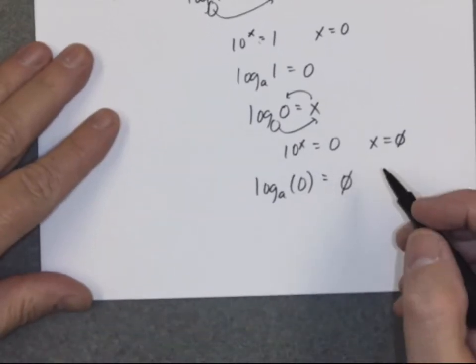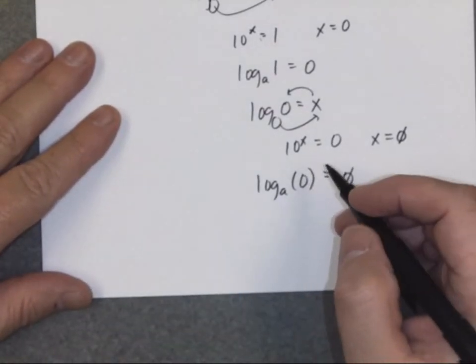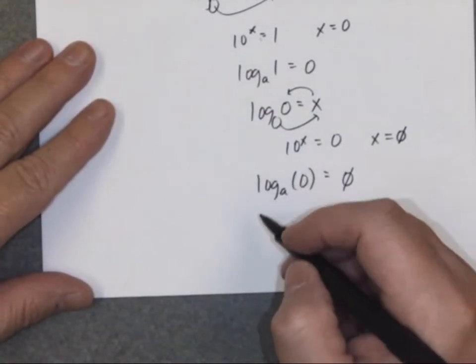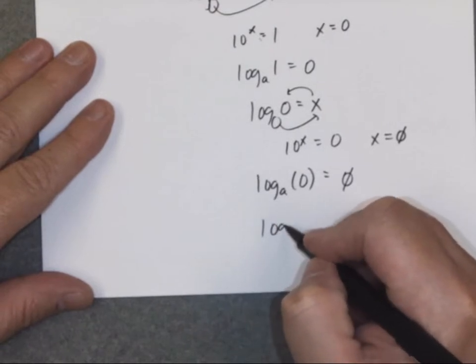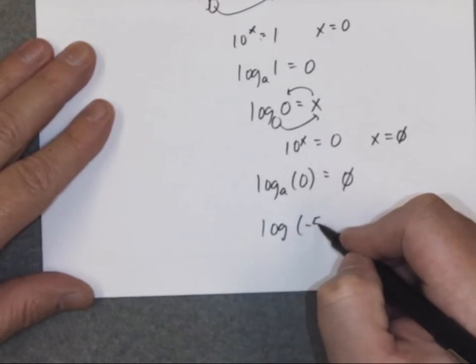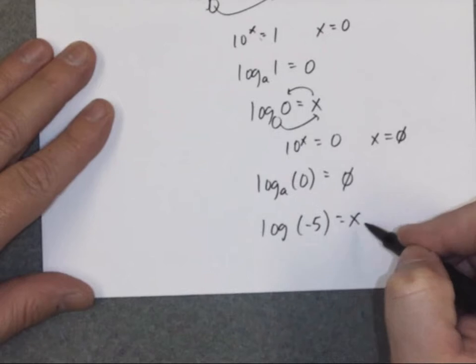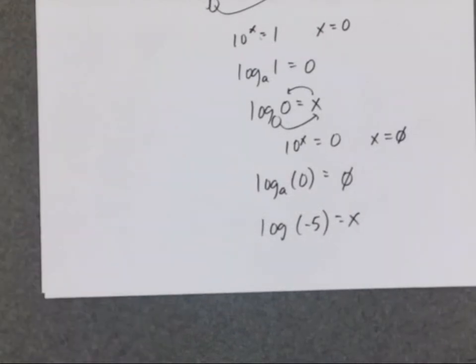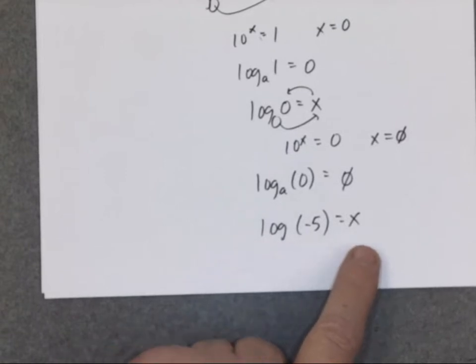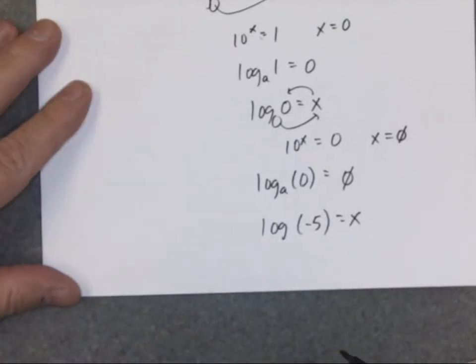As a matter of fact, let's just do one more special one. What might happen if you try and take the log of a negative number? Common log of -5, what does that equal?